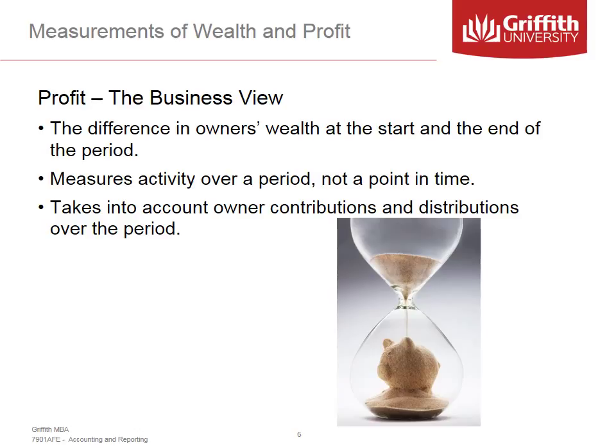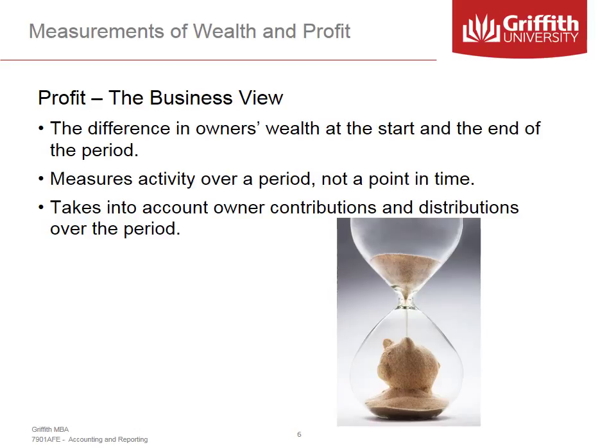Let's now focus on the business's view of profit, because this is what we'll be measuring, this is what we'll be talking about. Profit for a business is also the difference in owner's wealth at the start and end of the period. And it has two components, as we'll see when we start to look at the statements. The first is that it measures our activity over a period.